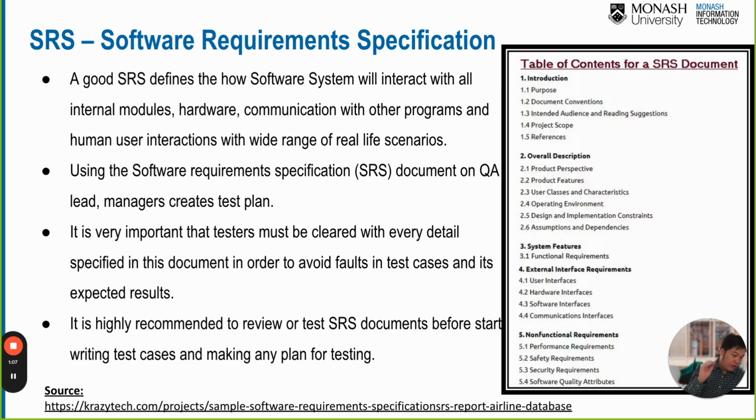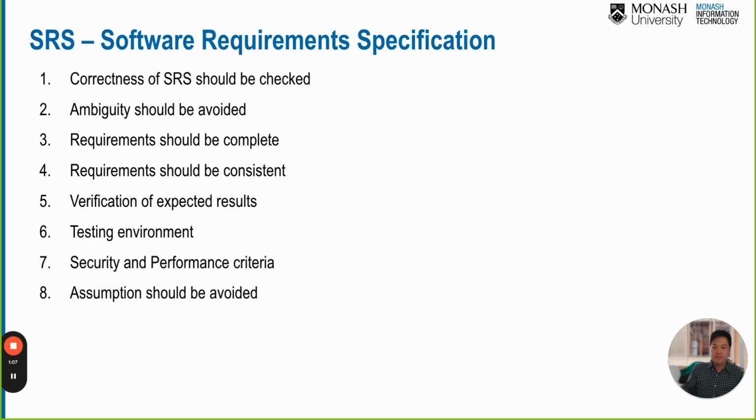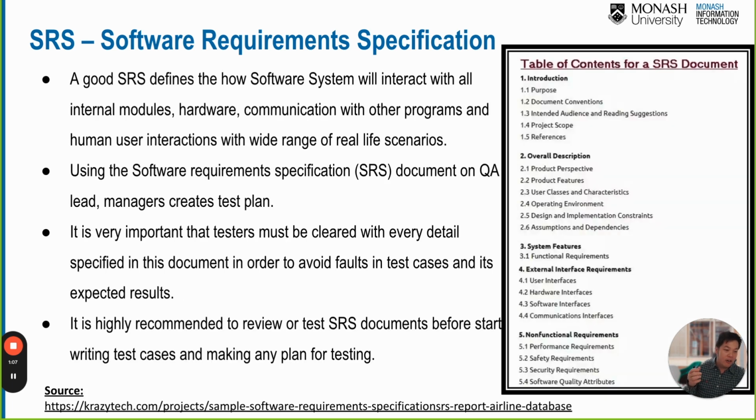Then you describe the system features, the functional requirements, and the non-functional requirements, which cover performance, safety, security, and software quality attributes. This is the table of contents of the SRS document. Very traditional.